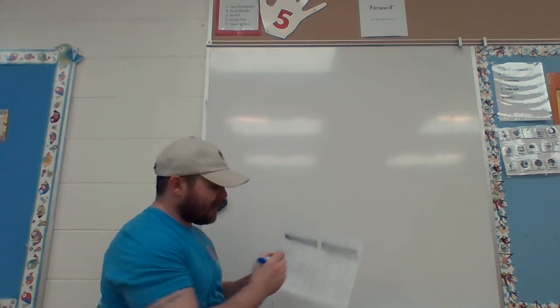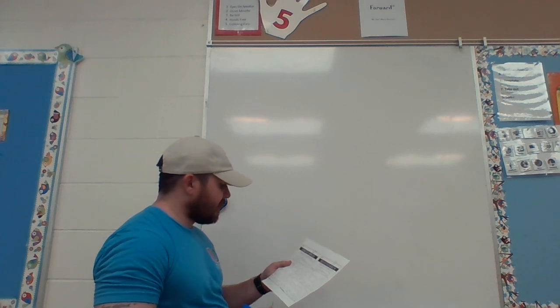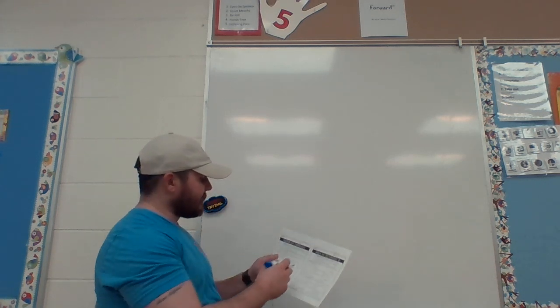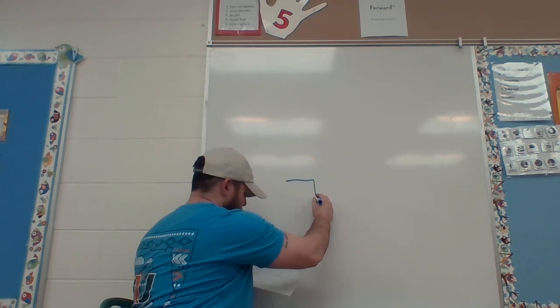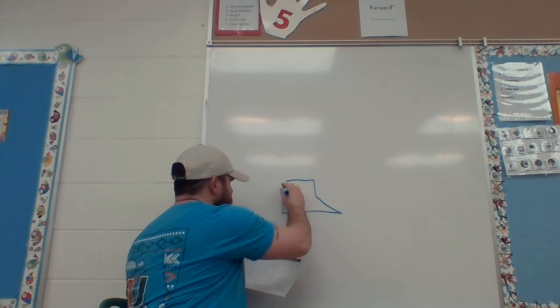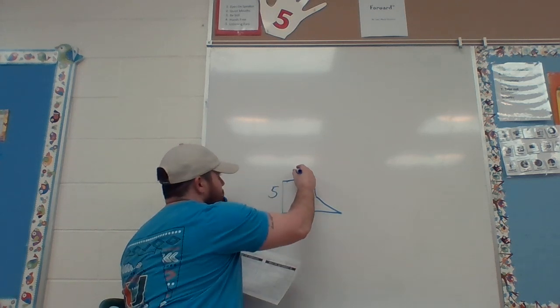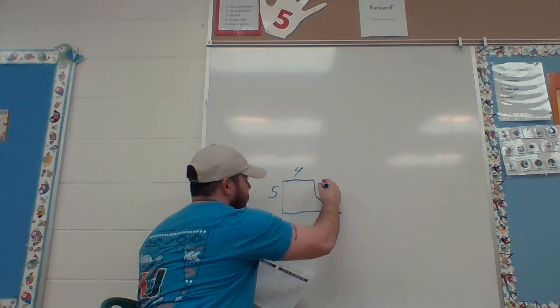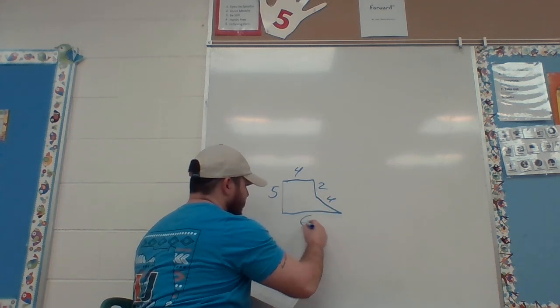Now let's talk about this funny shape here. To find the perimeter of any polygon, including squares and rectangles, find the sum of all sides. So I'm going to try to draw this goofy shape right here. Okay, it gives us one side is 5, and there's 4, this is 2, 4 again, and the bottom is 6.